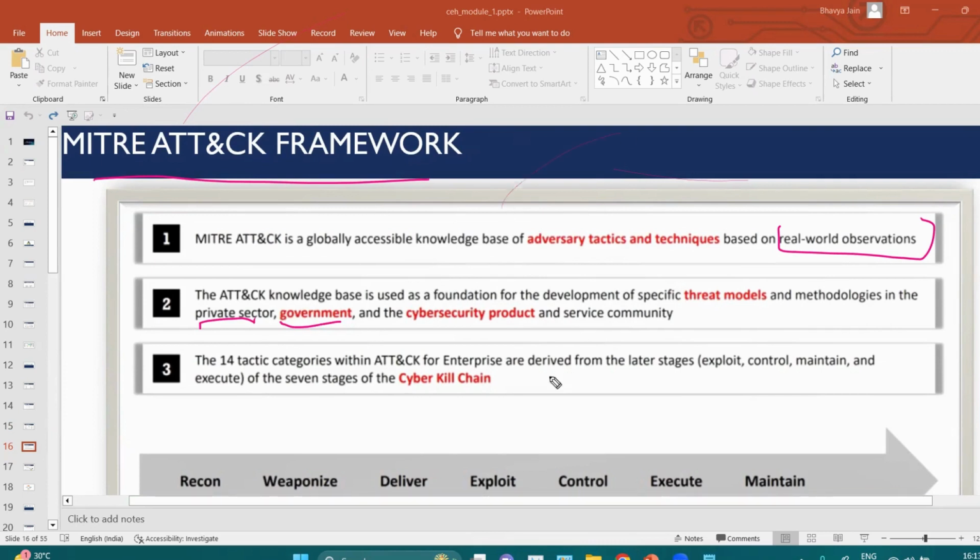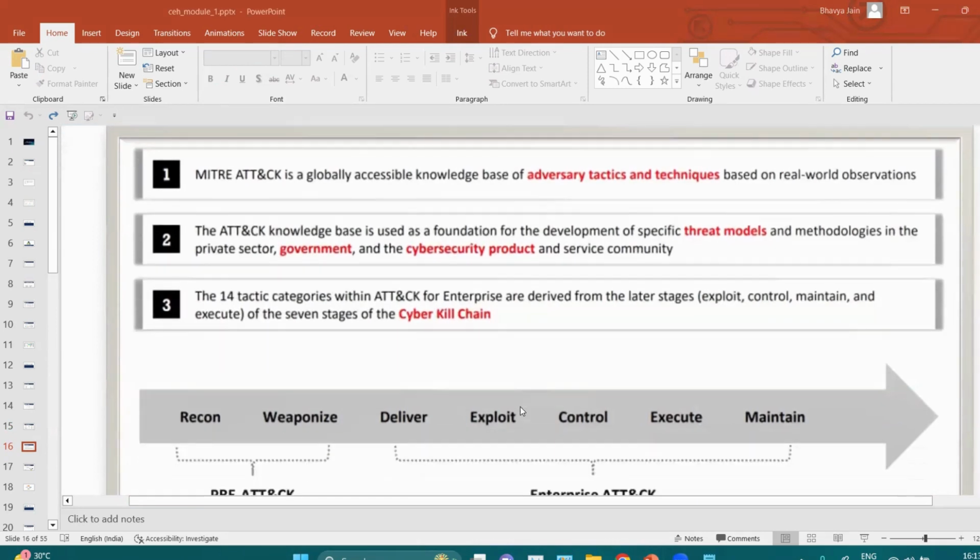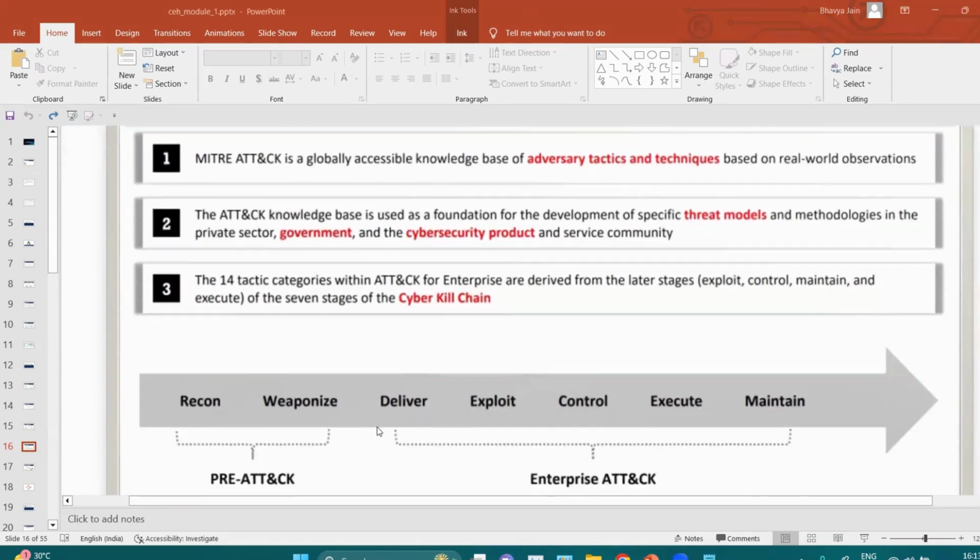So it is similar to the cyber kill chain methodology. So in this, first, same, we have reconnaissance, then we have weaponization, delivery, exploitation, control, and command execution, and then maintain, which is maintaining the access.